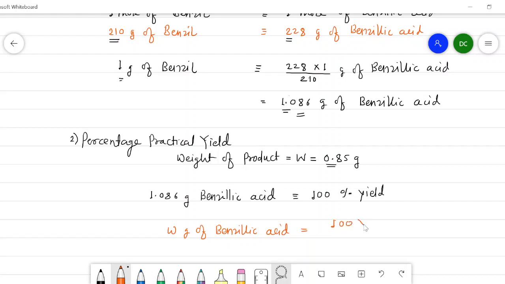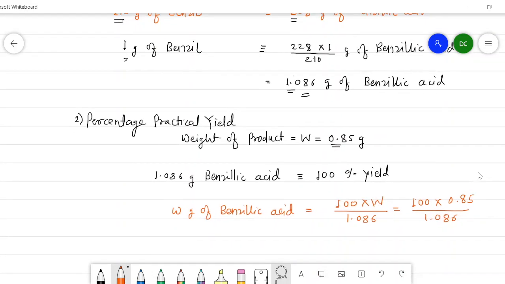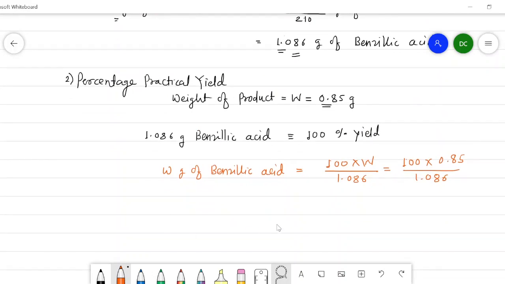Again a cross multiplication, W here is 100 into 0.85 divided by 1.086, and if I do the calculation, then here we get around 78 point something, say 28%.